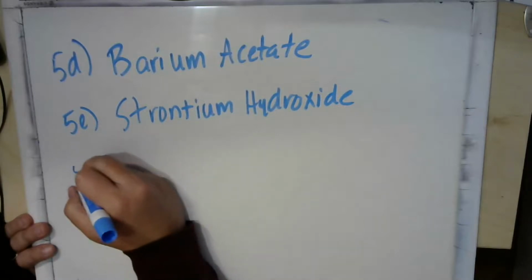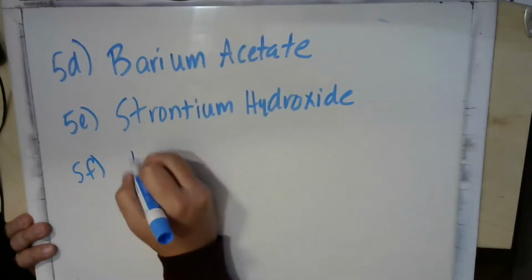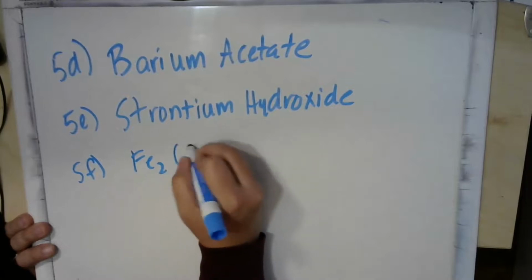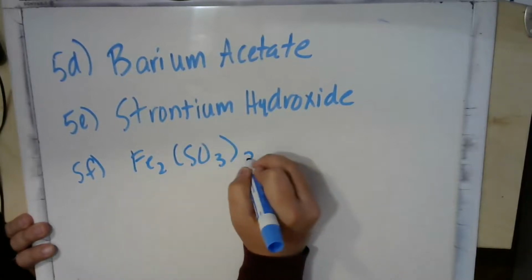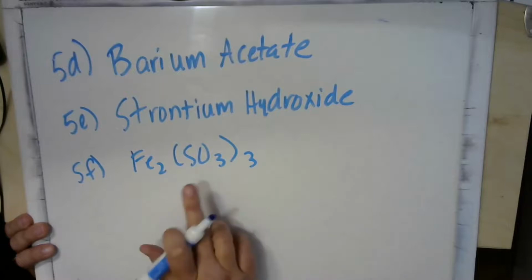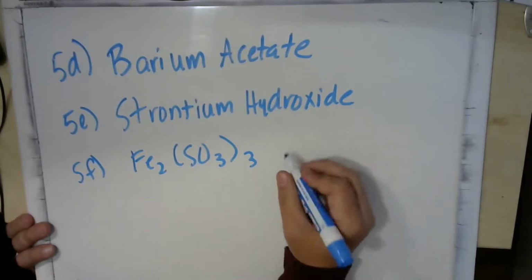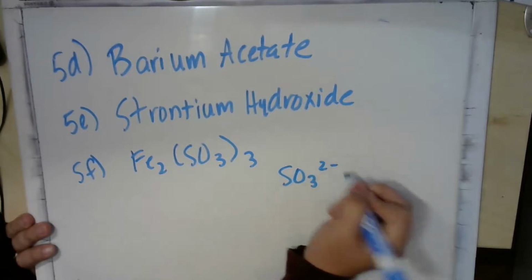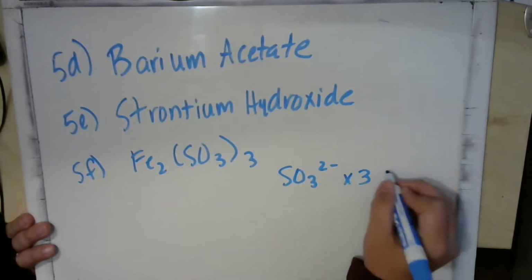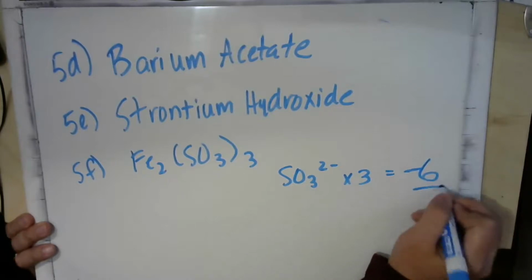Okay, then we have 5F, Fe2(SO3)3. Okay, we can recognize the sulfite ion here. You know that the sulfite ion has a -2 charge, and there are 3 of them, which means that we have a -6 charge total.